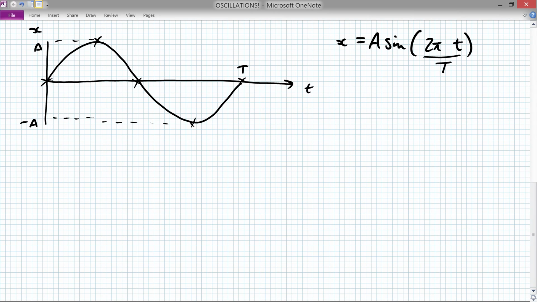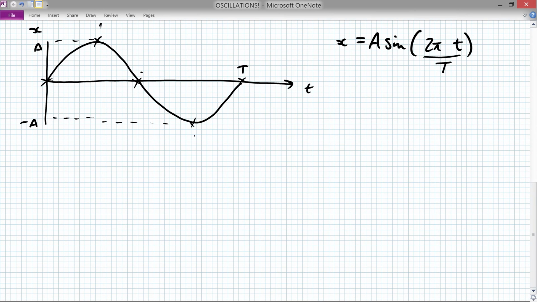When t is equal to the time period over 2, that's going to cancel, and the half here is going to cancel with the 2, and therefore that's going to give me sine pi, which brings us back there. I'll let you figure out for yourselves that this does in fact give us this maxima at the amplitude and minima down there as well.